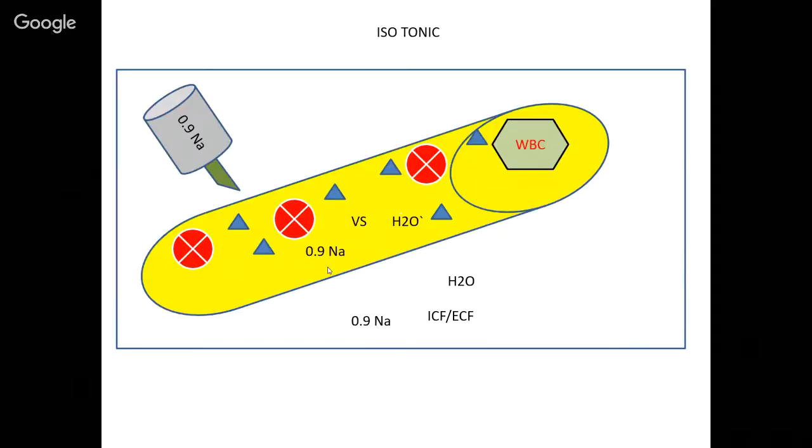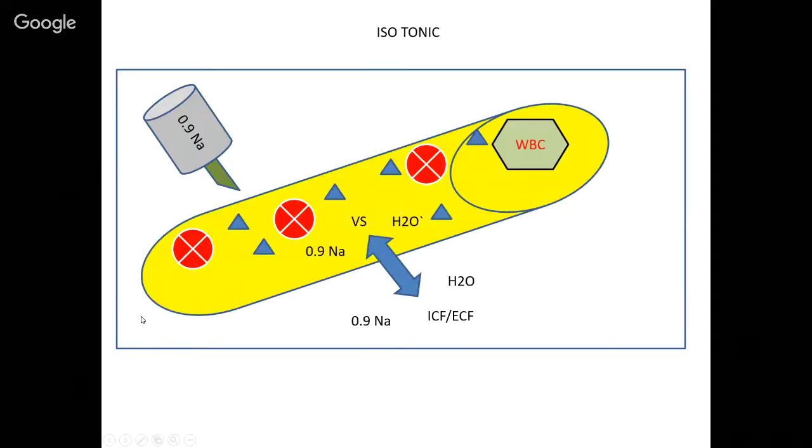So right now we're looking at isotonic. Our internal environment in the blood vessel is 0.9 normal saline, and outside the blood vessel we have 0.9 normal saline. So those are balanced. There's no chemical force causing anything to want to move or shift because they're in balance with each other. The arrow represents the movement of water.